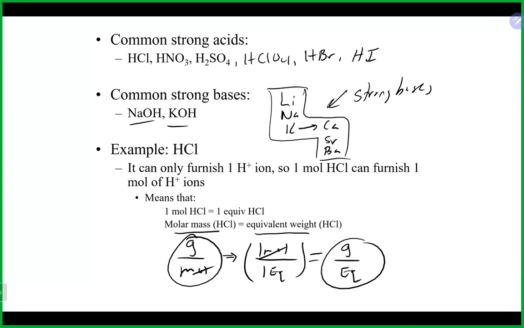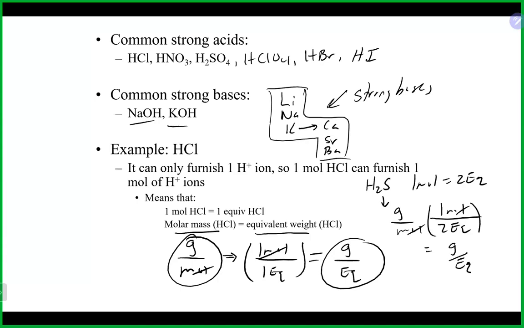But if you did it for something like, say, sulfuric acid or something like we just saw there, hydrosulfuric acid, because it's not a one-to-one relationship, it will be different. So if, say, we did this for H2S, which we saw 1 mole of it will give us two equivalents. If we had the molar mass of H2S in grams per mole and use that sort of conversion factor, 1 mole will give us two equivalents. That means that the moles will cancel, and essentially our equivalent weight will actually be half of what the molar mass is because we would be dividing by 2 in this case.